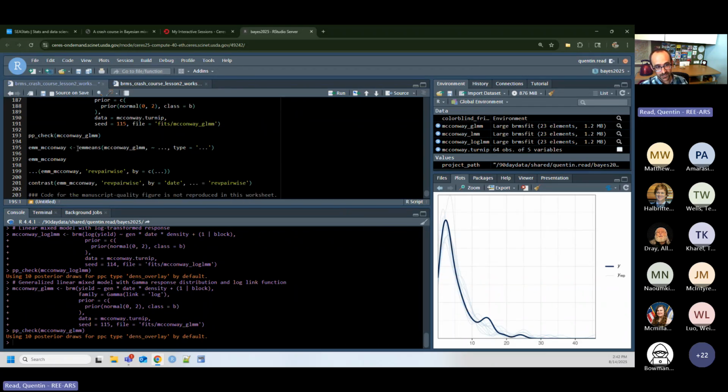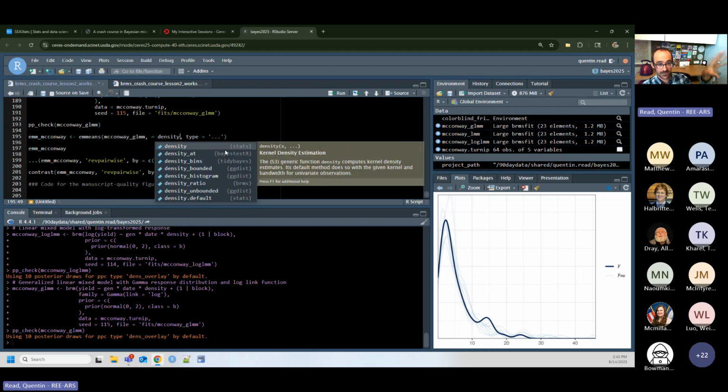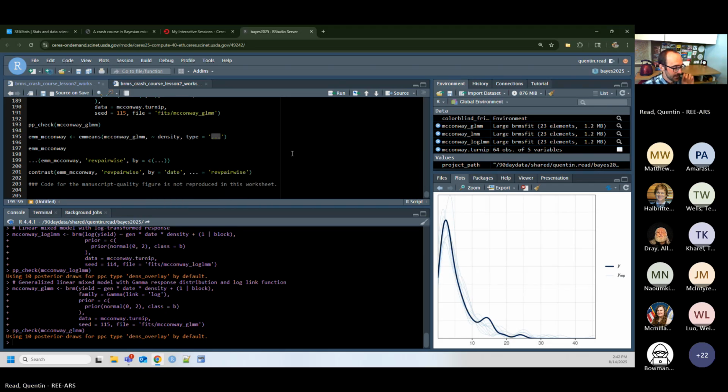Let's look at what predictions it makes. We're just going to look at density still. So in our emmeans this time, we're going to say tilde density, which means we want predictions for each level of density averaged over everything else. And type equals response indicates that we want those predictions on the data scale, not on the link function scale.